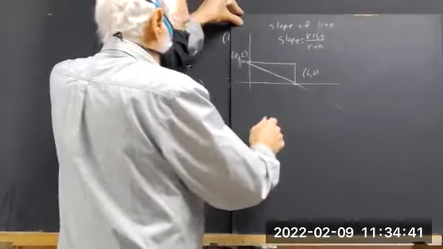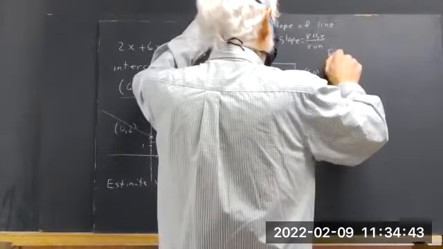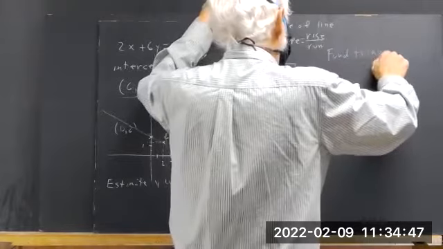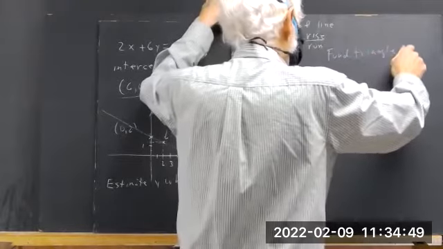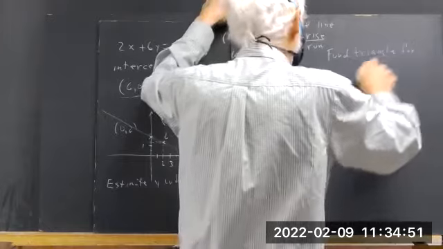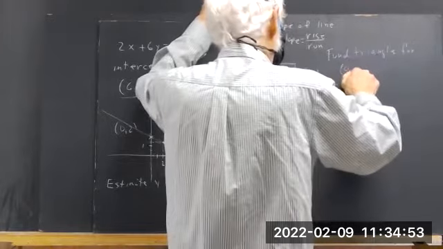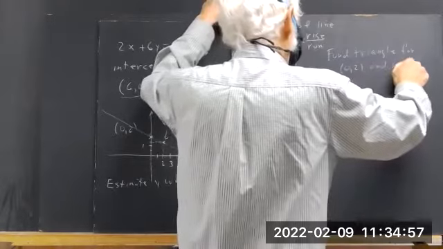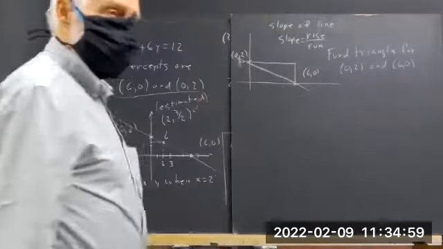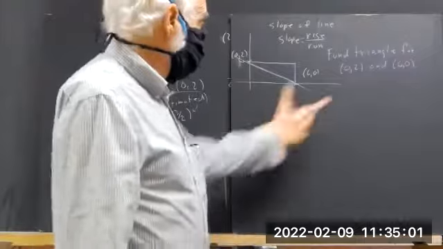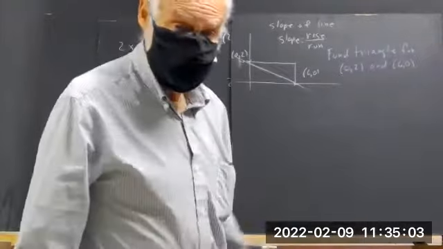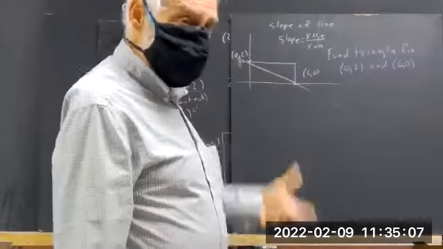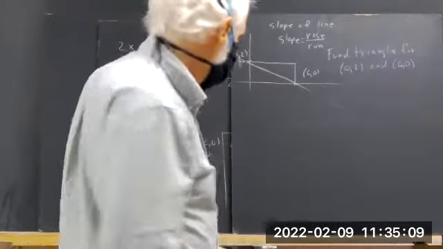This is a fundamental triangle. Point 0, 2, and 6, 0. You do a fundamental triangle for any 2 points, wherever they are. And they don't have to be intercepts, okay? So we'll deal with intercepts because it's actually a little easier.